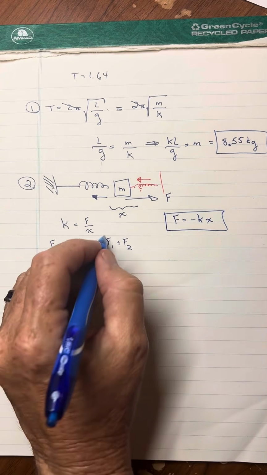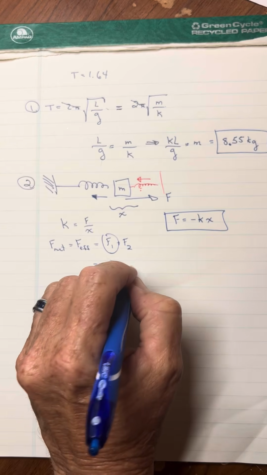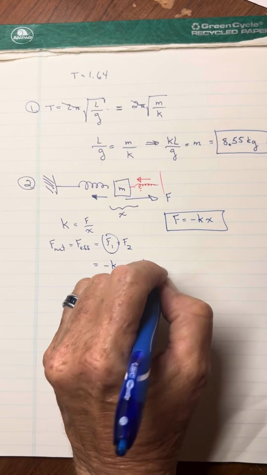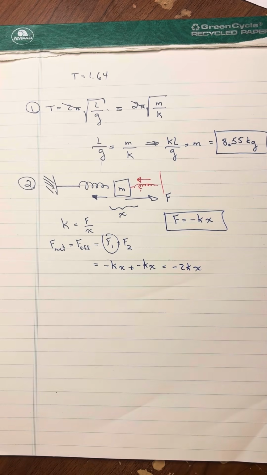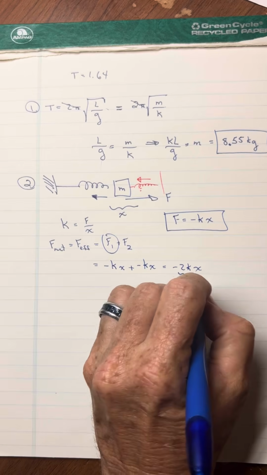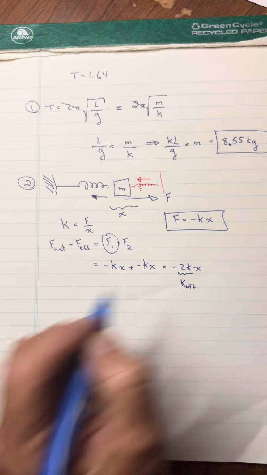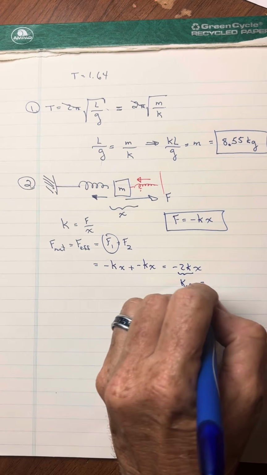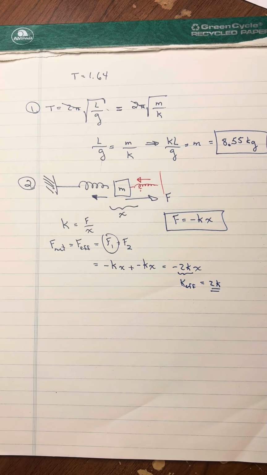So what I'm getting at is the first one would be an equation minus kx, but the second one would also be a minus kx, which would really be like saying you don't have two springs, but you have an effective k that is equal to twice one spring.